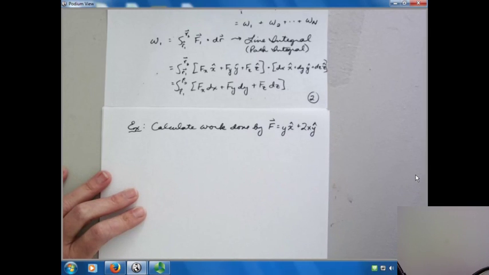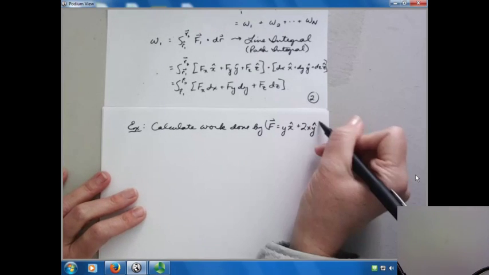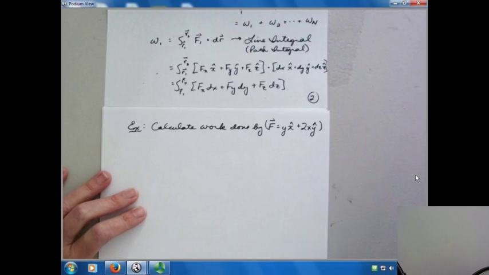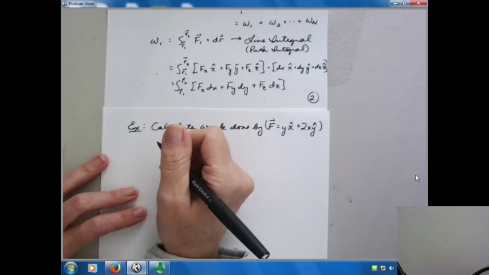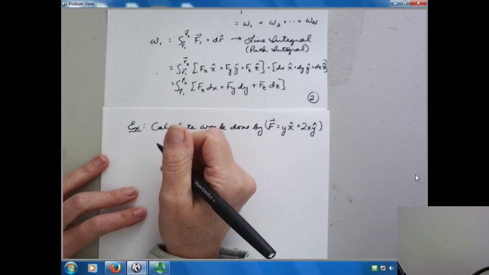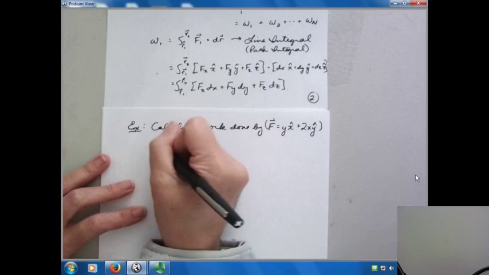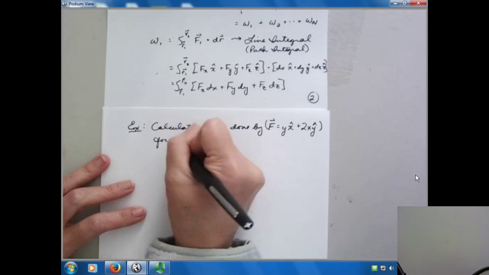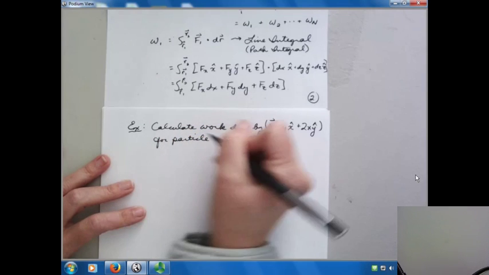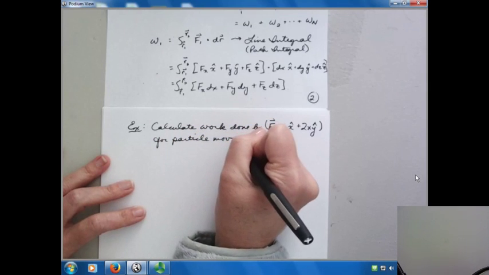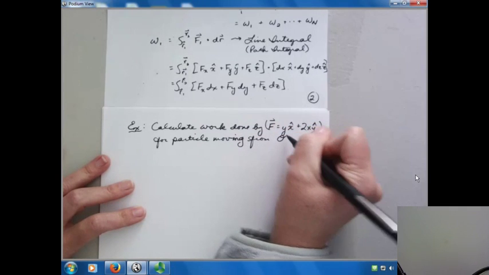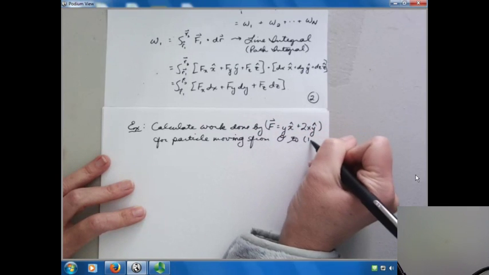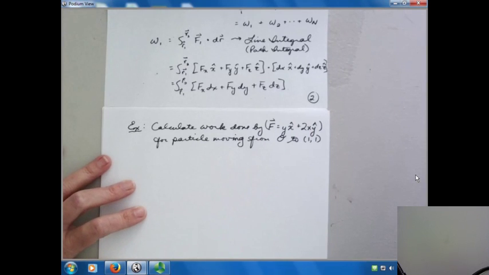So we're going to calculate the work done by this force for my object, which is going to move from the origin to the point 1, 1, along each of the 3 paths shown.